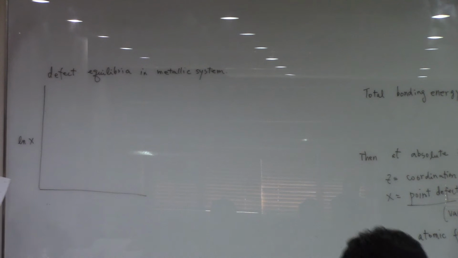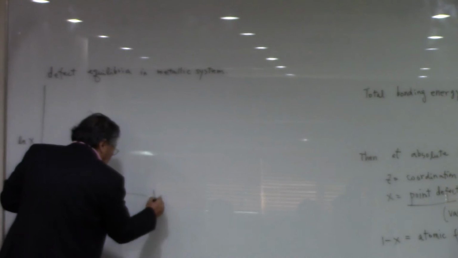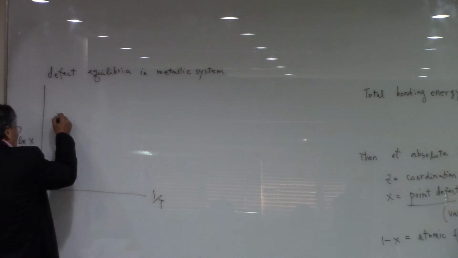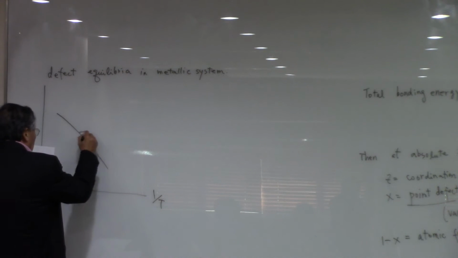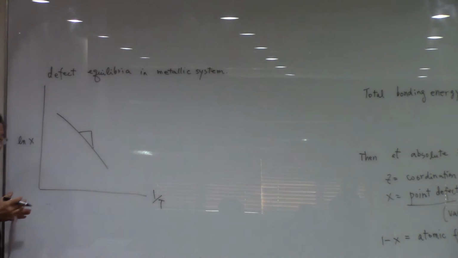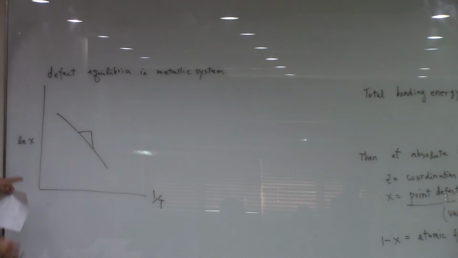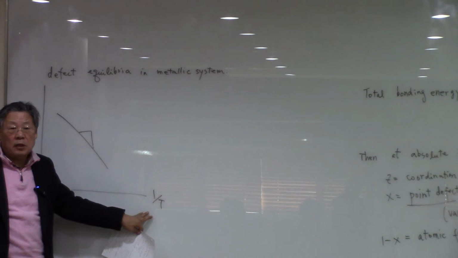What we're going to have is that this is the concentration of the point defects, and this is 1 over T, the Arrhenius type plot, okay? And then we want a straight line, so that we can deduce the governing equations which relate the concentration of point defects with respect to the reciprocal of the temperature.